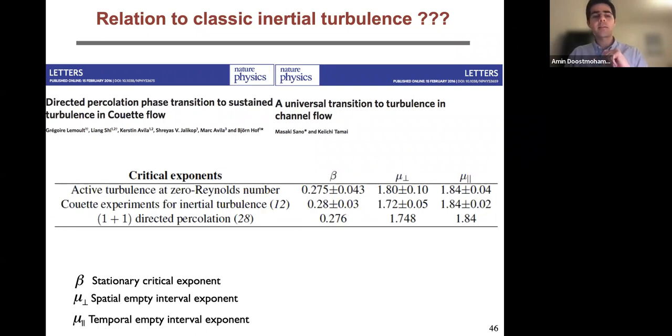Now we are talking about zero Reynolds number. Not only do we have the critical exponent, but also the empty interval exponents correspond to directed percolation. Meaning that at least the criticality in this system corresponds to the criticality in classic turbulence. And I think this was the first more or less quantitative comparison between classic turbulence and active turbulence.